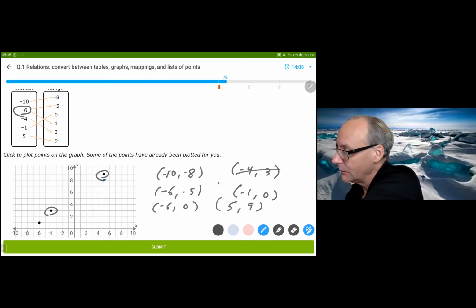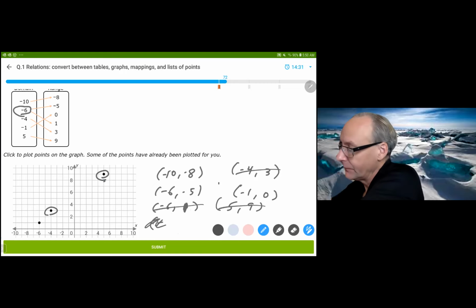Oh, get rid of that point too. So it looks like -6, -5. I don't see it. I do have a -6, 1, which, oh, that one was there. It's not 0, it's going to 1. Geez, I can't read today. There we go. So this one is done too.